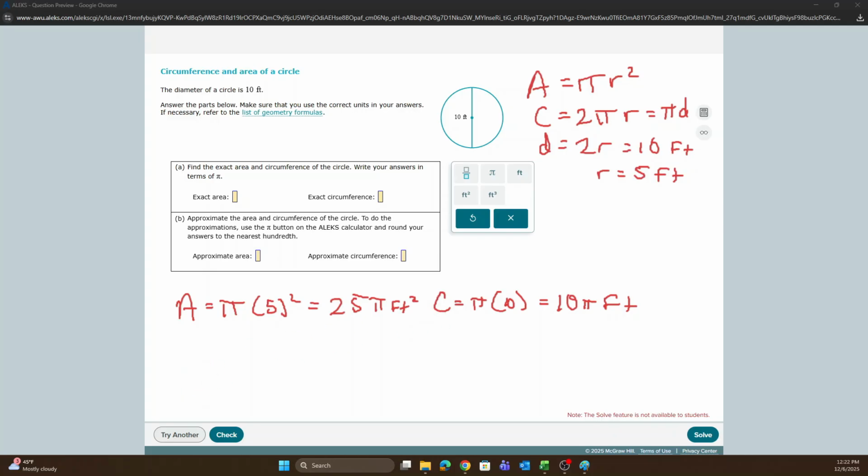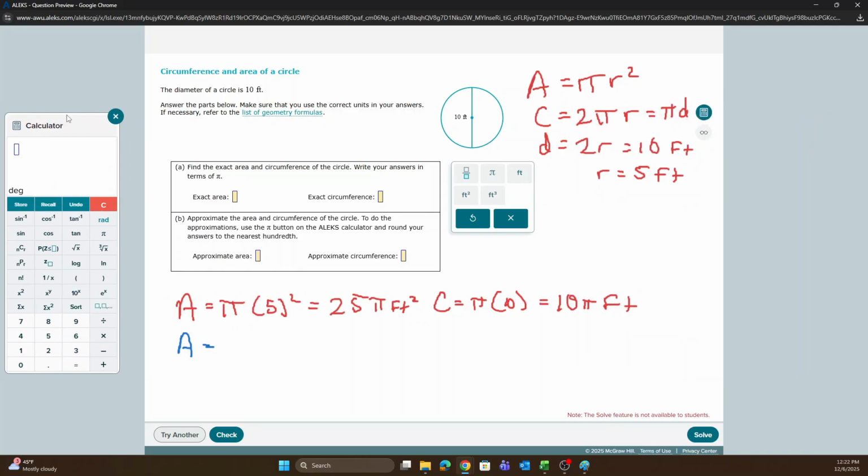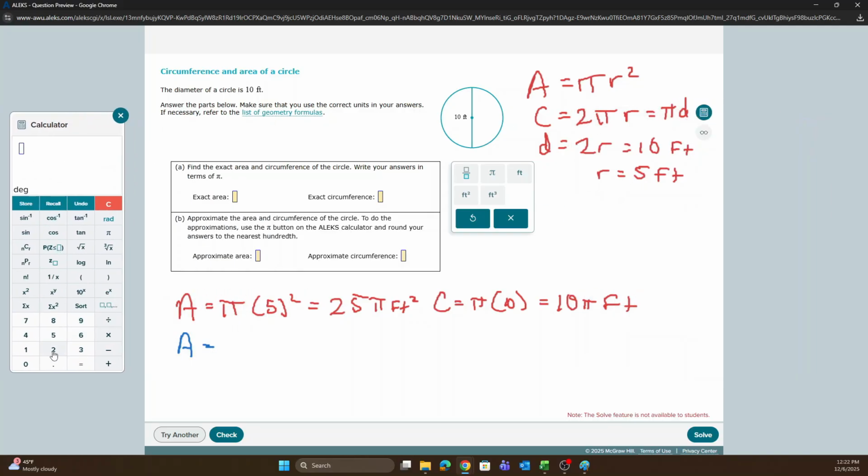And when we do our actual area, remember that we just need to calculate it out, and then we can write that out. So let's bring our calculator over here. We're going to have 25 pi. That's 78.539.